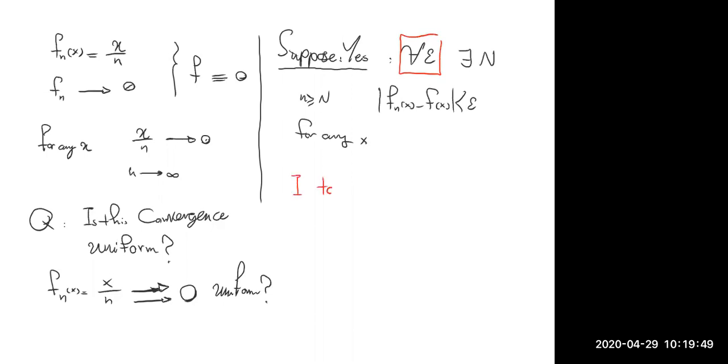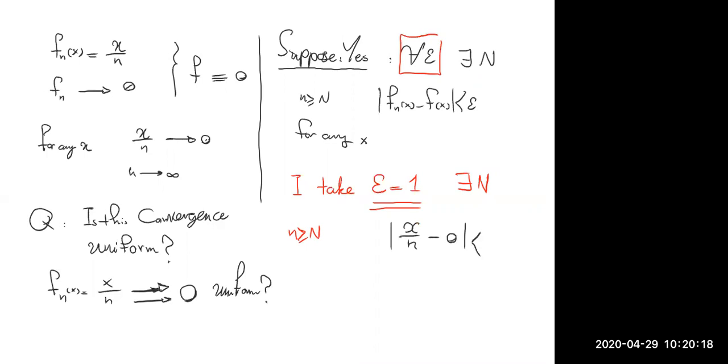I take epsilon to be 1. It's just one specific epsilon, right? So there should be a number N for this epsilon equal to 1, where for all numbers n greater or equal than N, Fn of x minus f of x should be less than 1. But Fn of x is x over n, and f of x is 0.